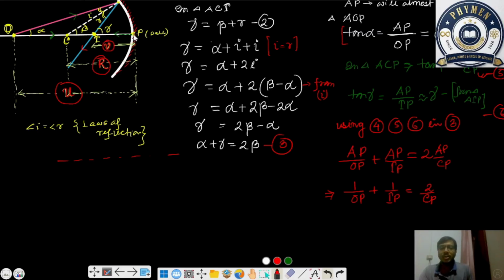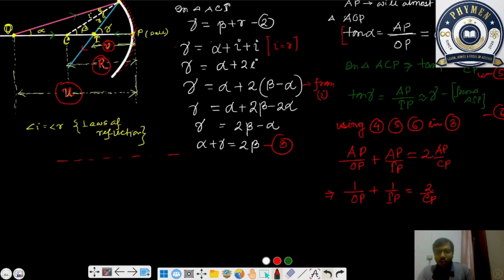If it is along the direction of the incident ray from the pole, it is positive, and if the measurement is in the direction opposite to the incident ray from the pole, it is negative. The incident ray direction is rightward, and all these measurements are opposite to the incident ray and from the pole.